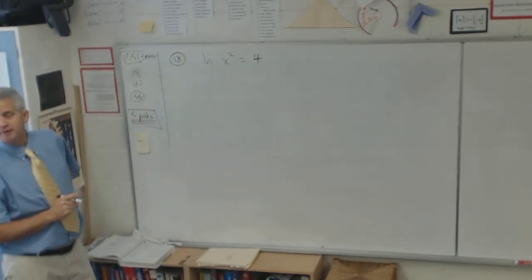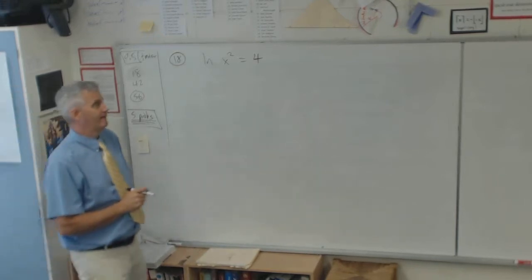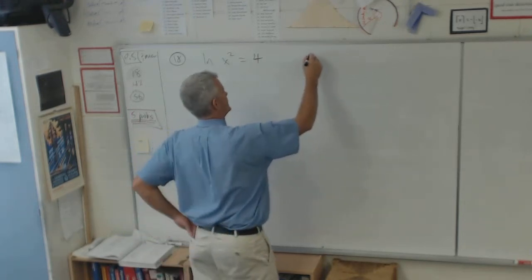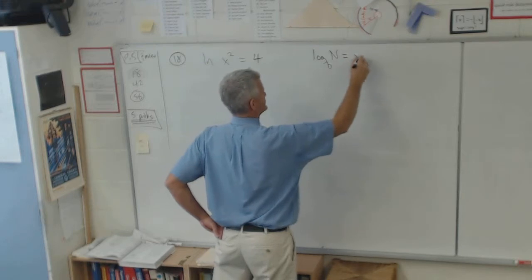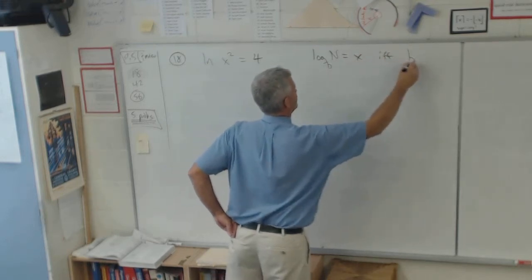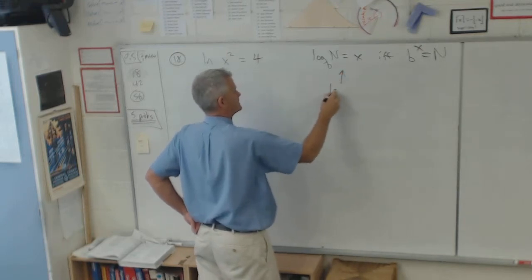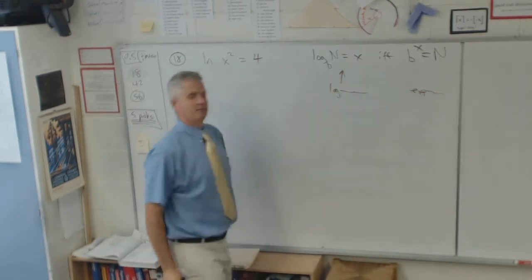What do you think, Mei-Chin? What do I do? Here's one way to approach it. You need to remember that the log base b of a number is x if and only if b to the x is the number. This is logarithmic form. This is exponential form.